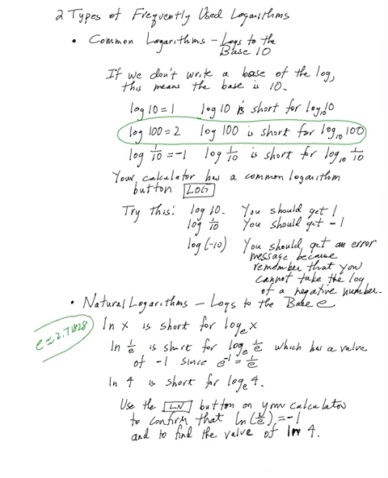So, there's shorthand notation for natural logarithms. ln x is short for log x base e. So this ln, natural log, is short for log base e.